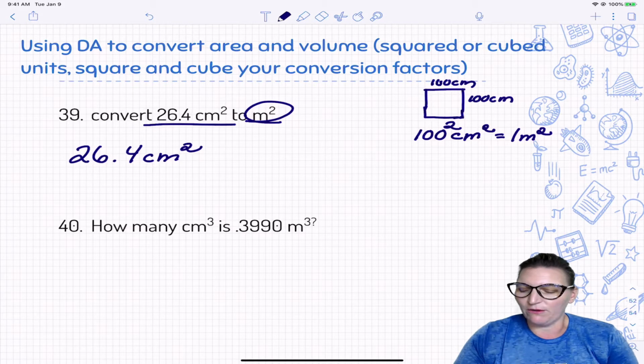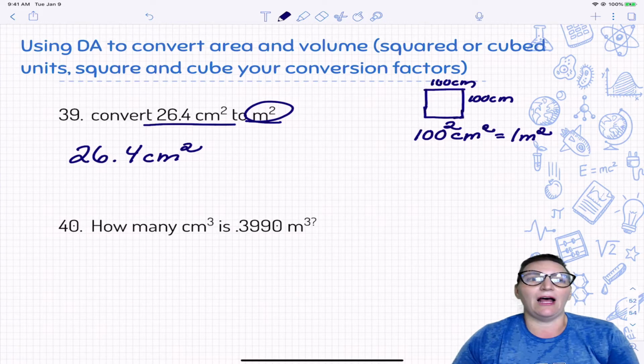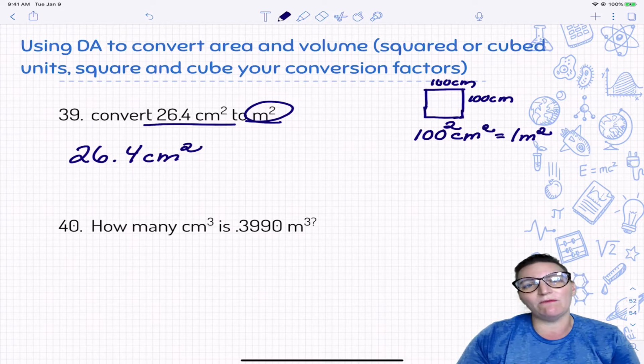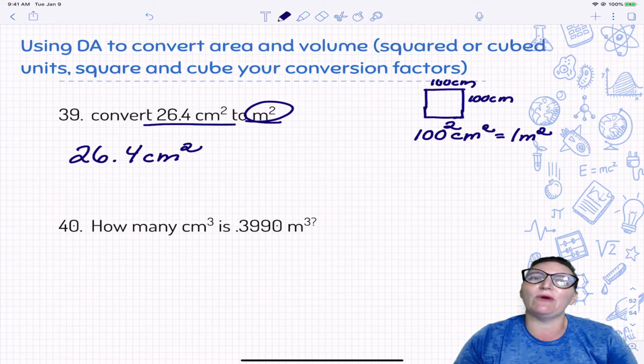Now, I could memorize all the different conversion factors for all the squared units, how many square nanometers there are in a square kilometer. It would be so many more units and conversion factors to memorize. What we can just do is use those 5 conversion factors that we know and then manipulate them.